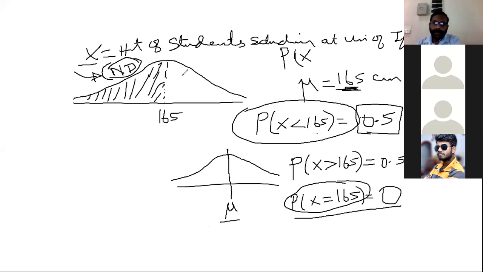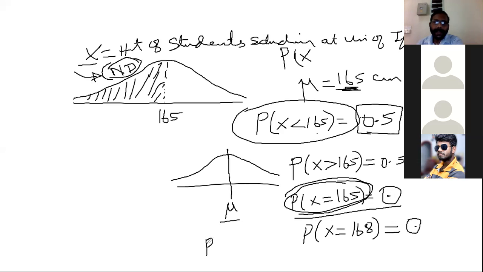When you say probability of x equal 165, it is a point probability. To that point, what is the probability? Again, if I ask what is the probability of students having height 168, for example, again it is 0. Why? Because no area can be measured using this. So this is 0, this is 0.